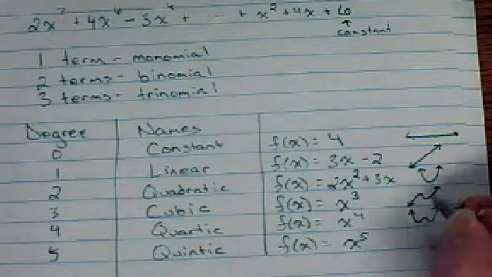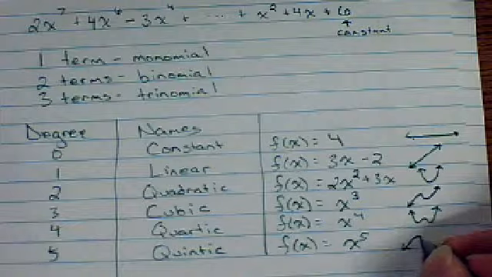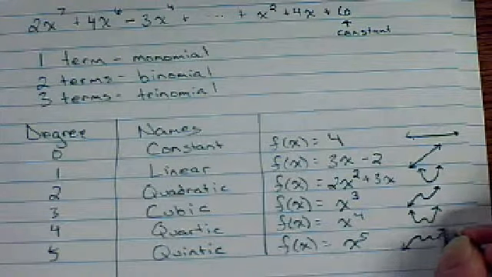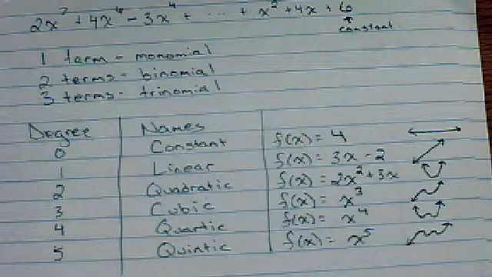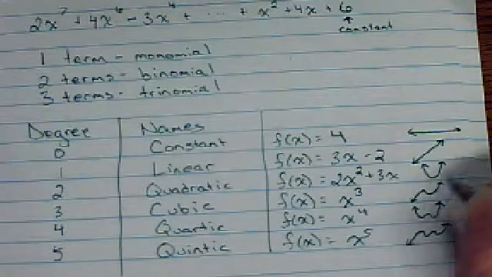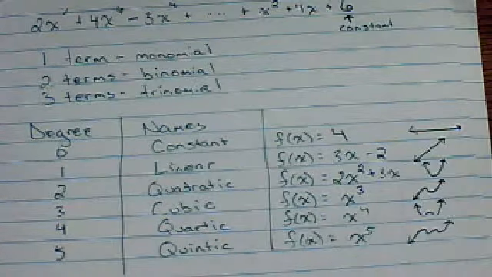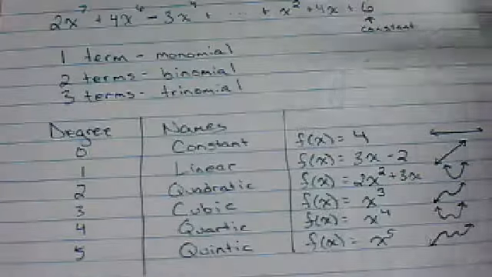X to the fifth is going to be kind of like x cubed, but since it had one hump, we're going to have two. And so from this, we can start to get a pattern of how evens tend to look alike and odds tend to look alike. That'll come into play in another unit.